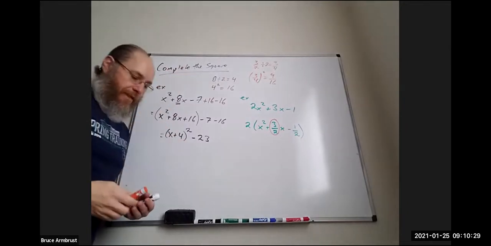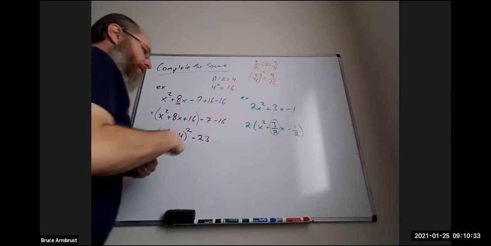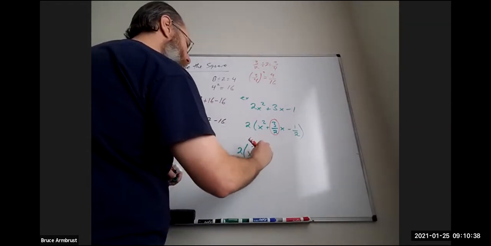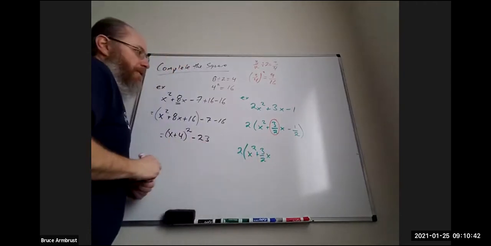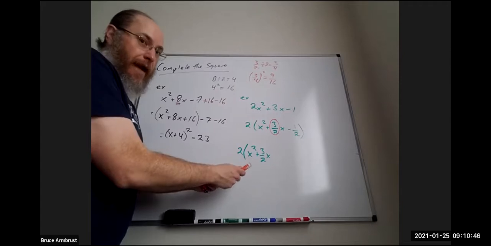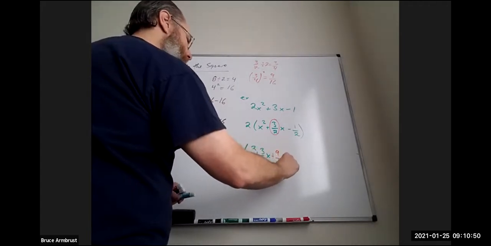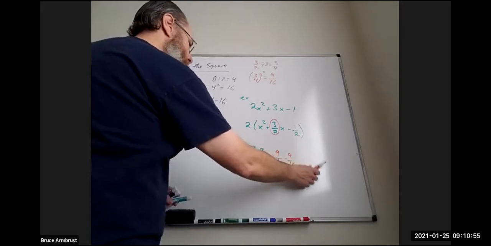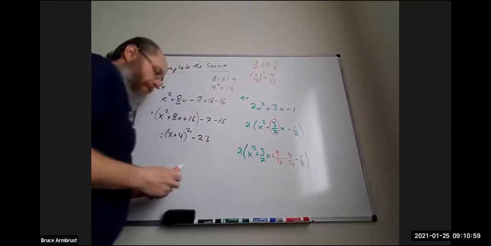So now that we have that 9/16, we need to add that in and subtract it out at the same time. When we've factored out something, you need to make sure that the add and subtract happens inside that factoring. So I'm going to put my plus 9/16 and minus 9/16 both inside of this factoring.